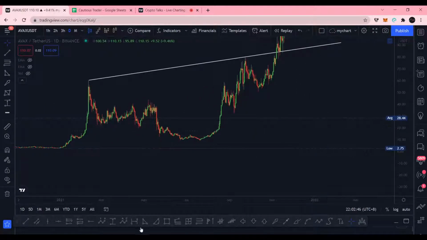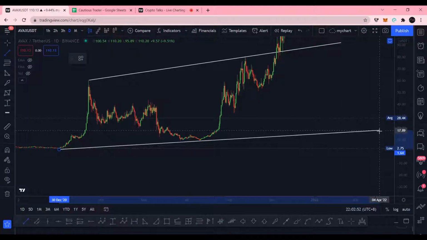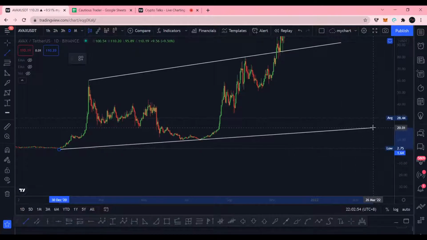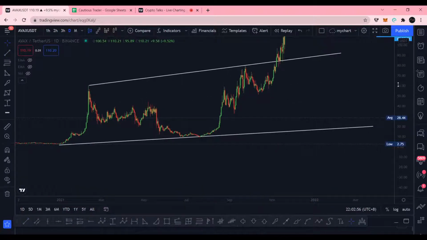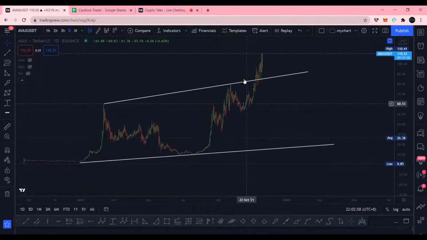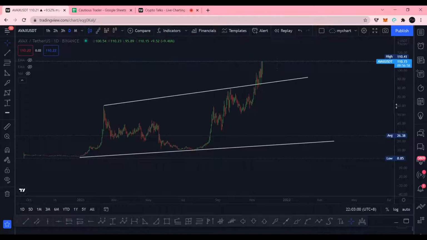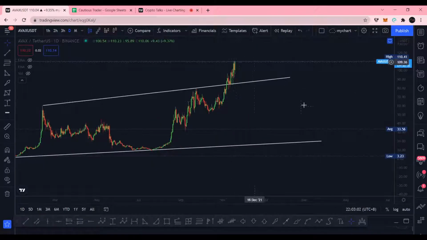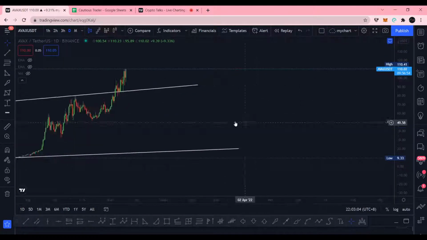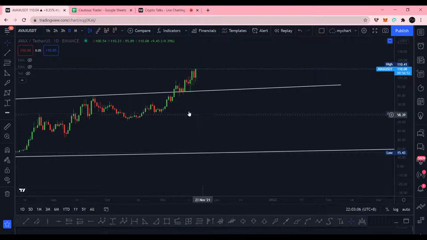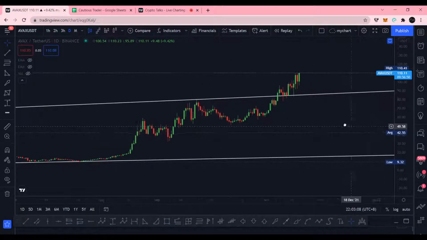wala kang masyadong ano yun. I feel like in even use masyado namang ano to, masyadong mababa, di ba? Ang kulit lang eh. So, breakout, it will create a new resistance. So which is it currently does.